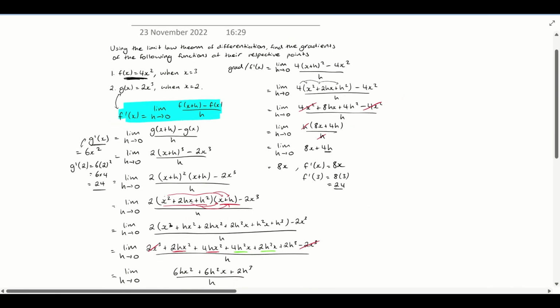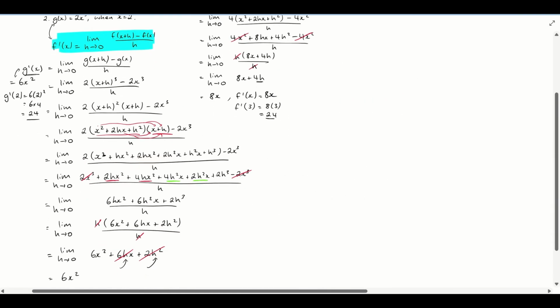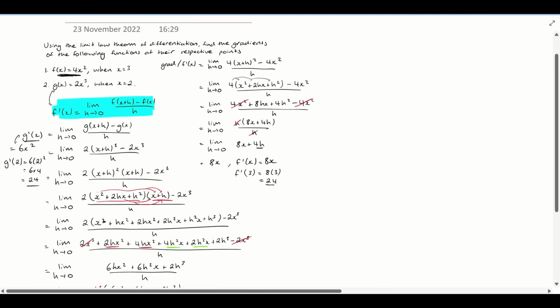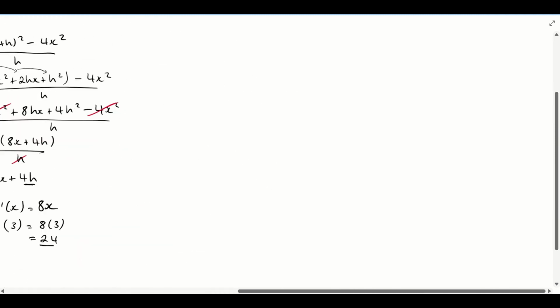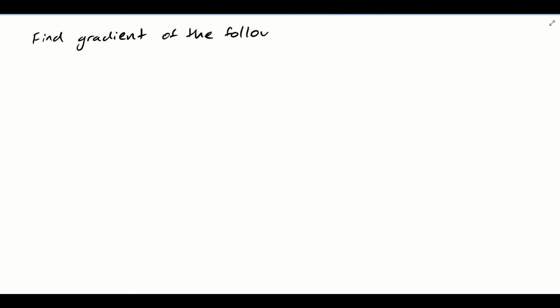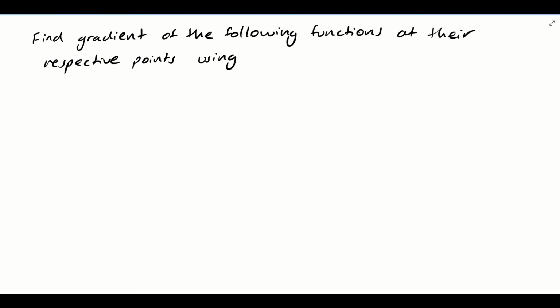Okay, now the next few examples are going to be using the shortcut trick that we learned. So we'll come over here and we're going to try and find the gradient of the following functions at their respective points, using the general formula for differentiation.